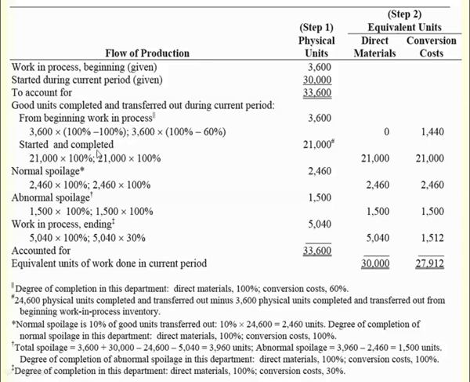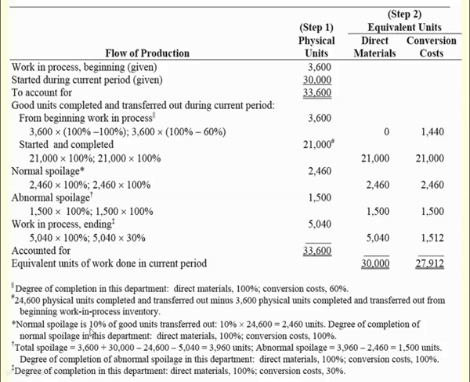Units started and completed can be calculated as 24,600, the number of physical units completed and transferred out, minus 3,600 units from work in process beginning, which equals 21,000 units started and completed in this period, and they took 100% for direct materials and 100% for conversion costs.